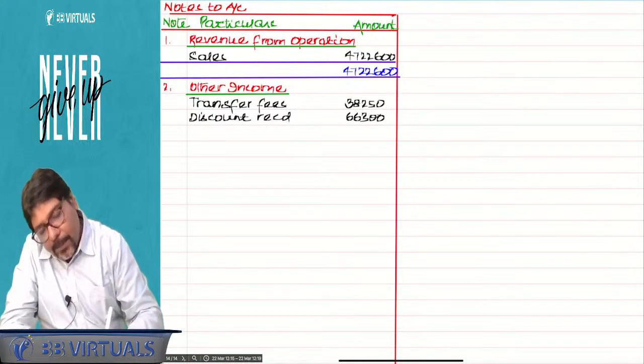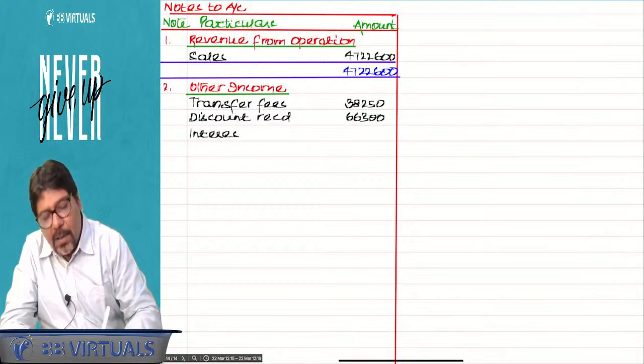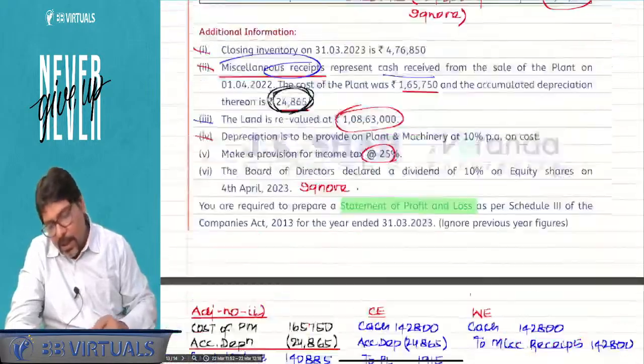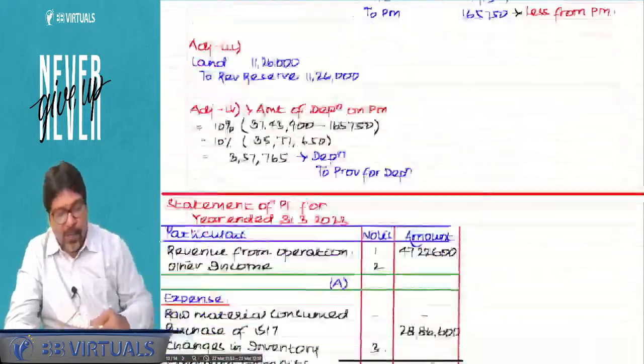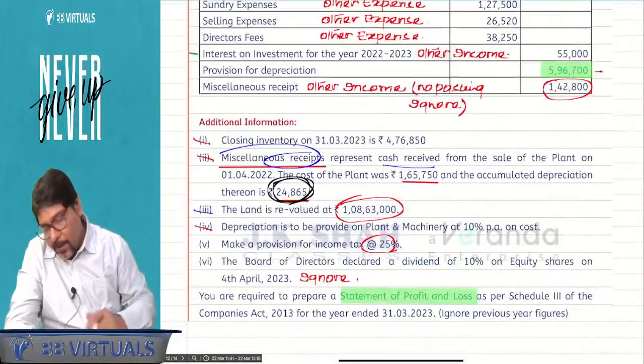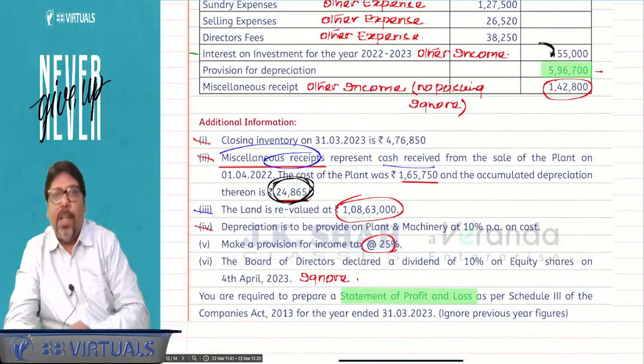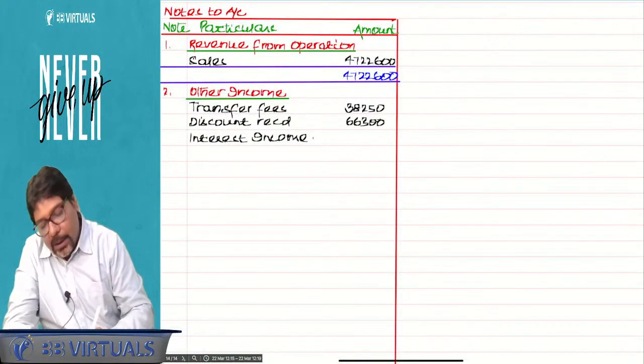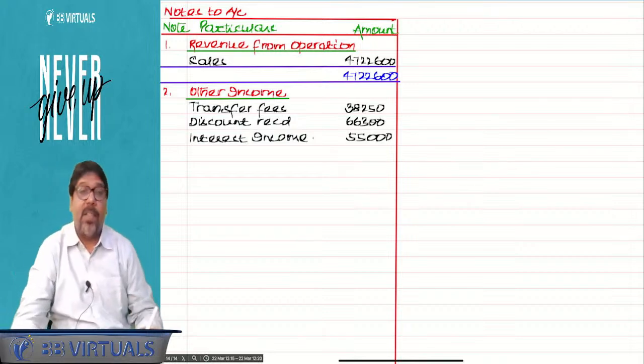Then chartered, interest income. Interest income is how much? Interest income is 55,000. Interest income.